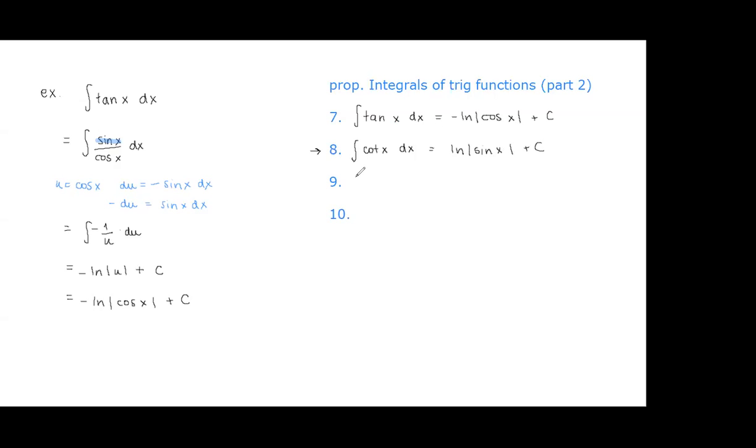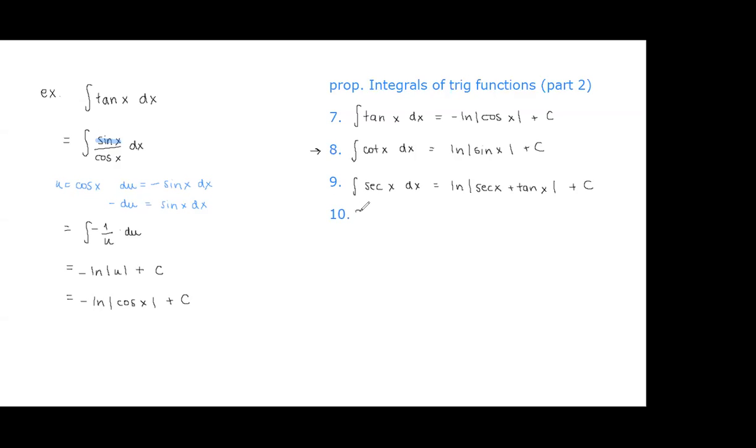Then you have the antiderivative of secant of x with respect to x, and that's going to be ln of secant of x plus tangent of x plus c.